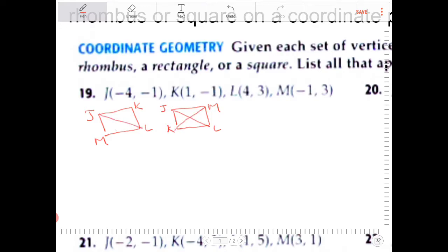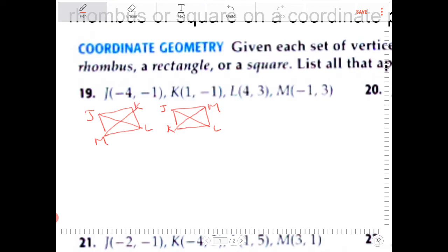JL and KM will always be the diagonals. So again, the takeaway: whenever you're drawing any kind of geometric figure, the coordinates are always listed in a clockwise or counterclockwise orientation, and it doesn't matter how you draw it. Notice that I did not place JKLM on a coordinate grid because there's really no need to.